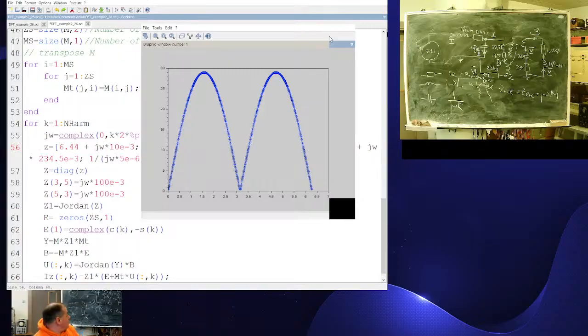Number 4 is a self, because in my previous lecture I used the same mutual inductance. These are okay. This one needs to go.